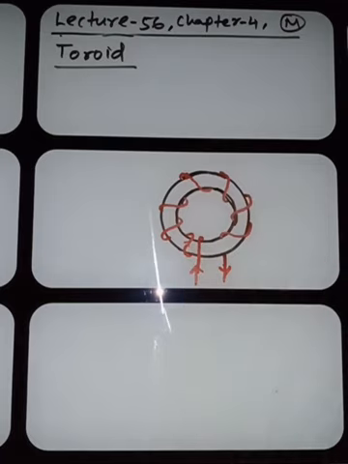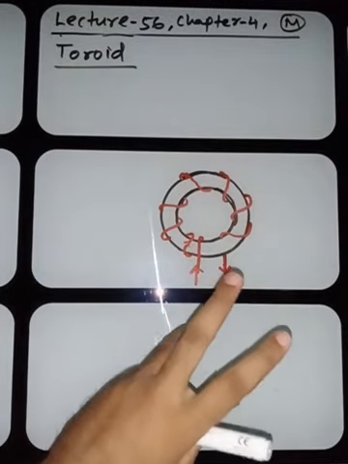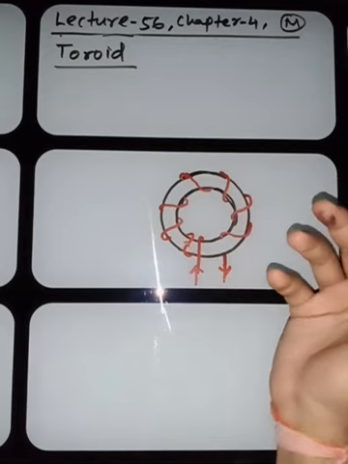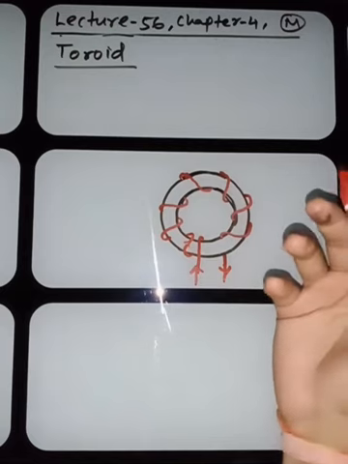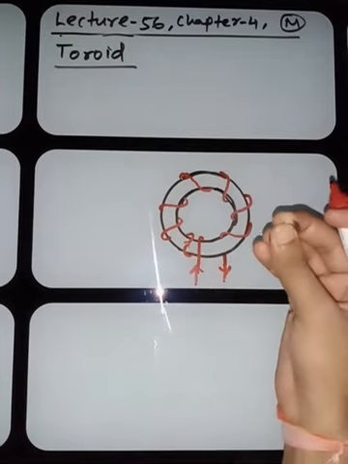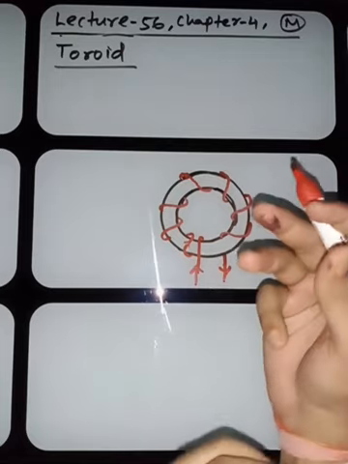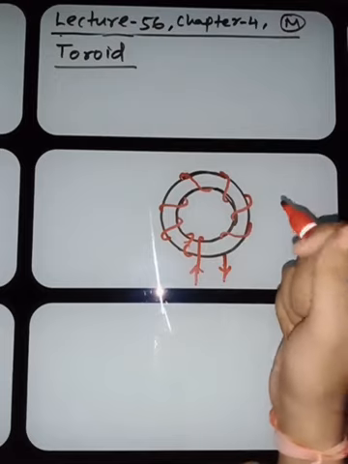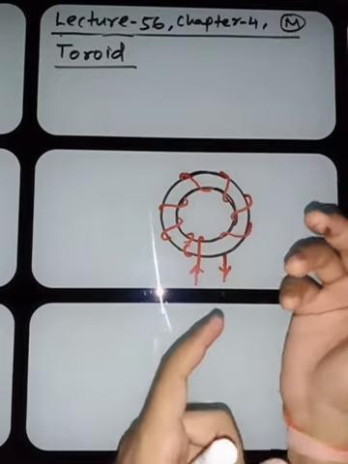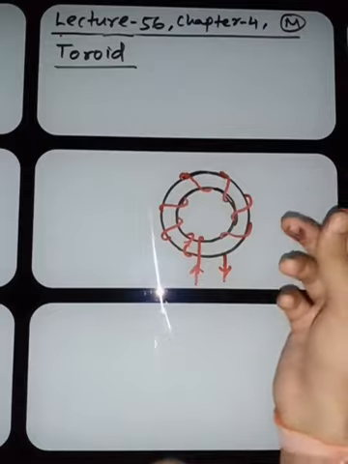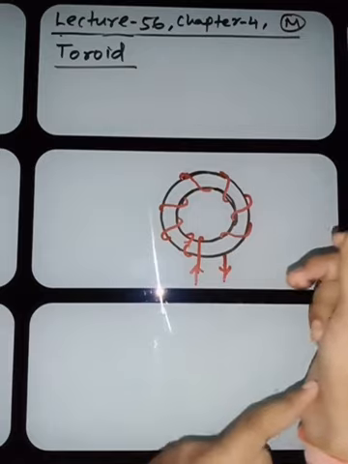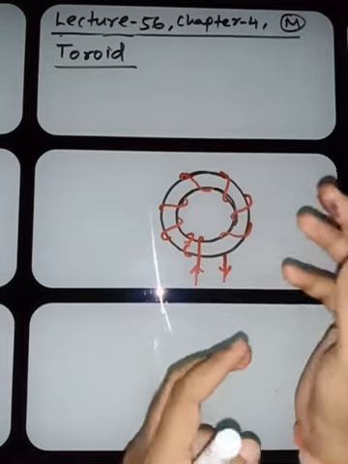Toroid, kindly write down, my dear student: the circular arrangement of solenoid in such a way that the two ends of the solenoid, that is north pole and south pole, as we know the solenoid behaves like a short bar magnet, coalesce to each other to make this endless.